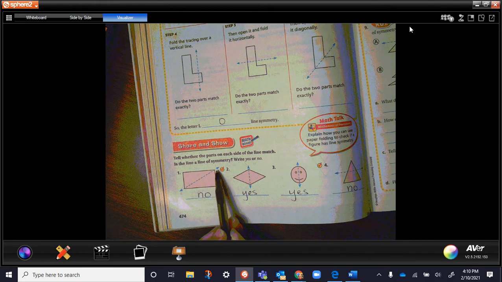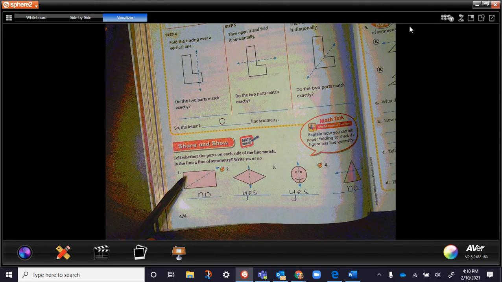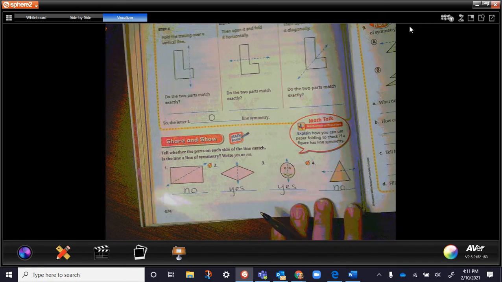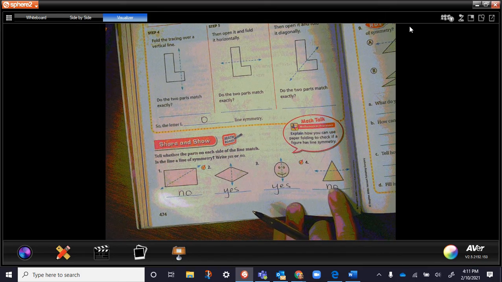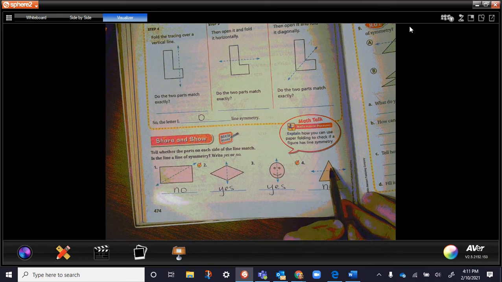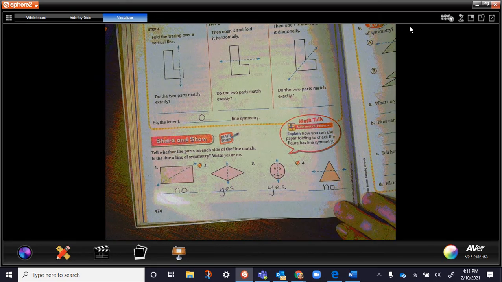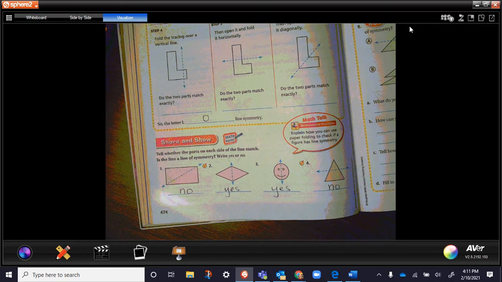With this line here, if we fold the top half down to the bottom, we said no, that was not a line of symmetry. This one here, with a vertical line of symmetry, the left side would fold over and match up, so we said yes. We said yes to the face because the eyes and the smile would match up. On number 4, we said no, because if we folded the top half down, it would not match up with what's on the bottom.